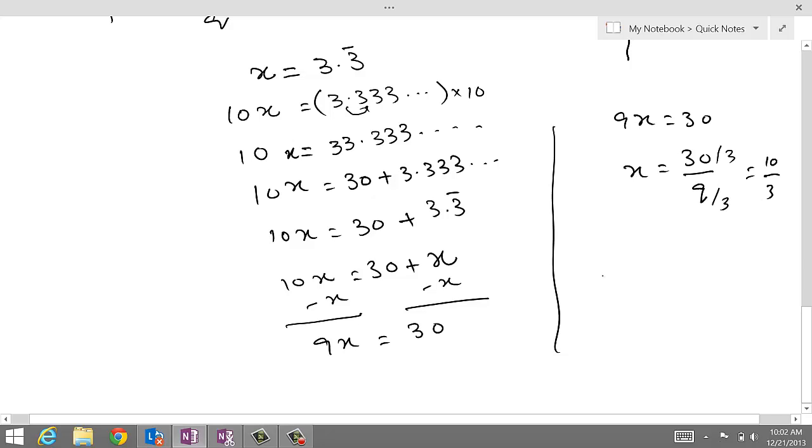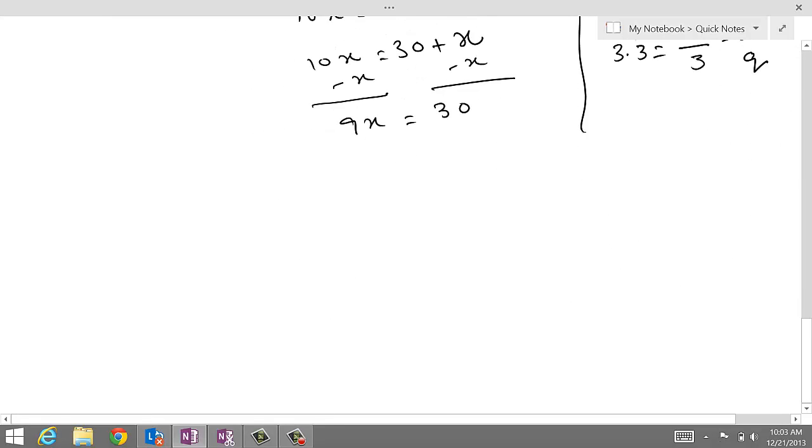So there you go. The recurring decimal we started with, 3.3 bar, can be written in the form p over q, because this number is equal to 10 over 3. What is p in this case? p is equal to 10 and q is equal to 3.